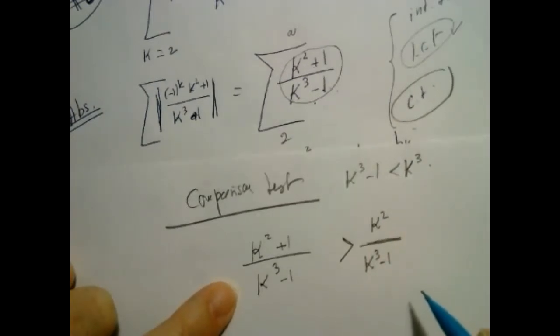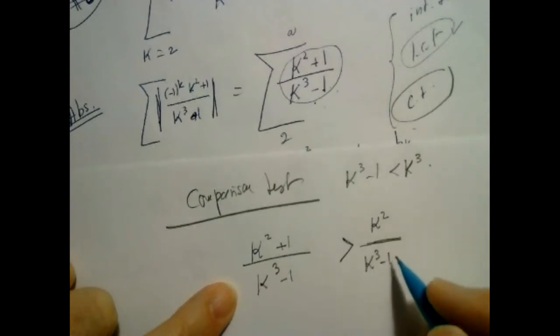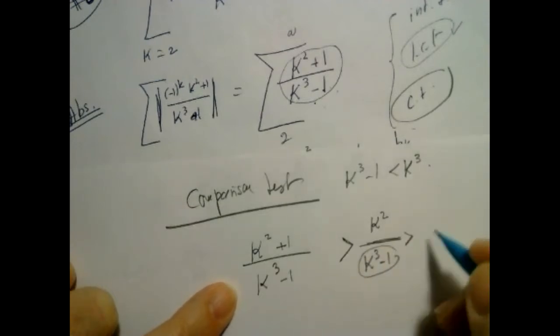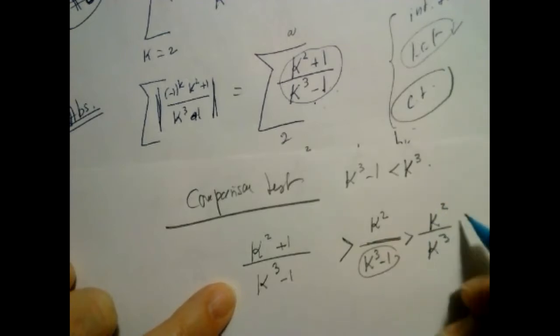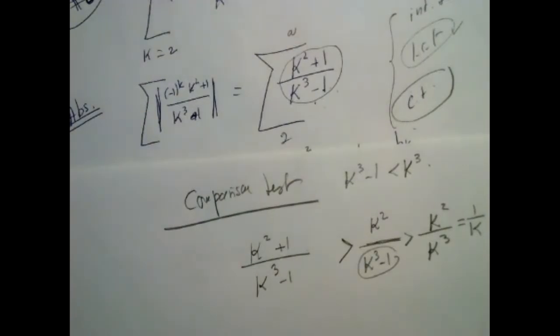True or false? Do you agree with me? So when I flip it, this is going to be larger than k squared over k cubed, which is 1 over k. So the second would be the comparison test. It works. But as I said, I will go after the limit comparison. It's very easy for me.